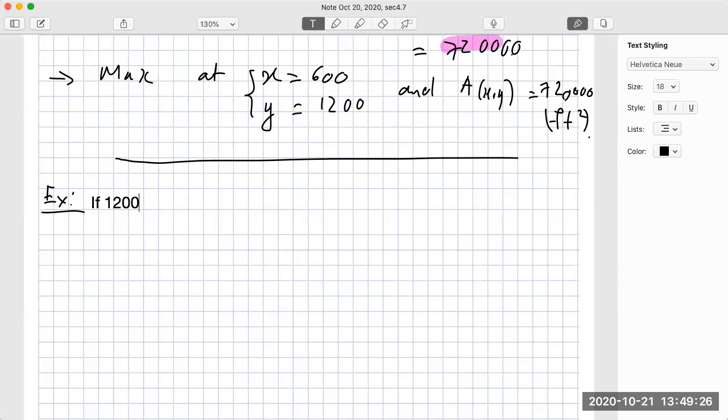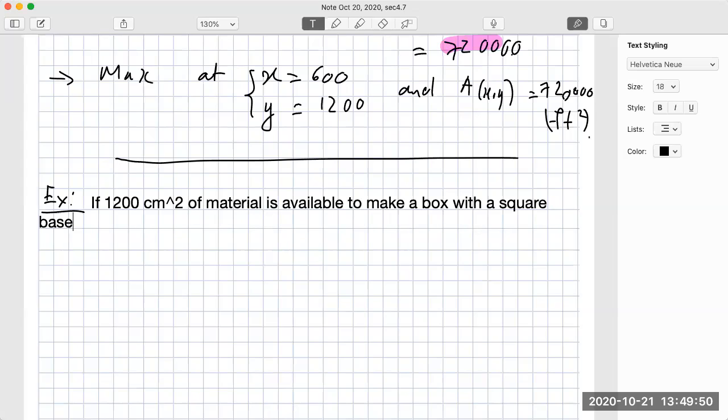Now, in the second example, if 1,200 centimeters square of material is available to make a box with a square base and an open top, find the largest possible volume.